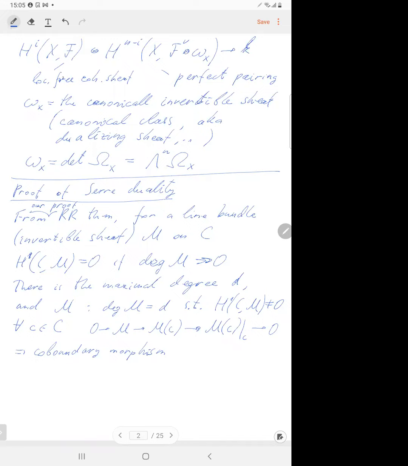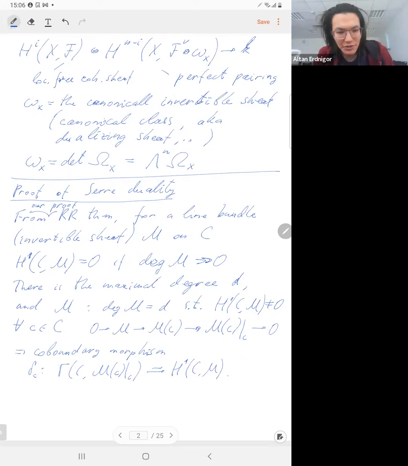Okay, so this coboundary homomorphism is an isomorphism, delta C, from the global sections, if you want, with coefficients in this skyscraper sheaf into the first cohomology of this extremal sheaf M. But it is only a surjection, as far as I understand.